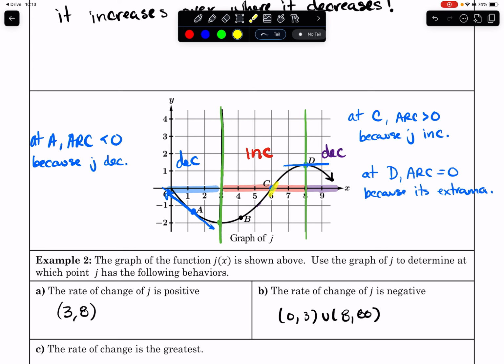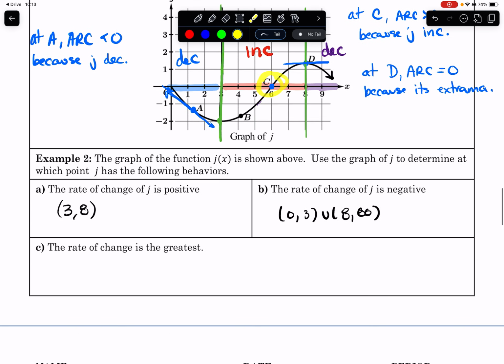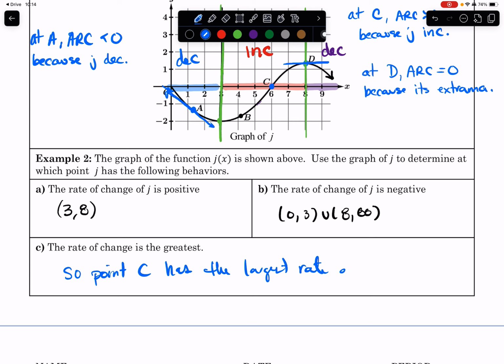Any positive number is always bigger than 0. That means that this right here is going to have the largest average rate of change. So point C has the largest rate of change. Okay.